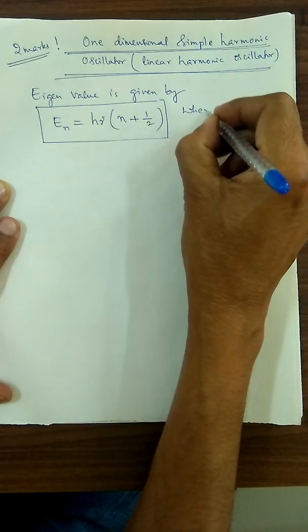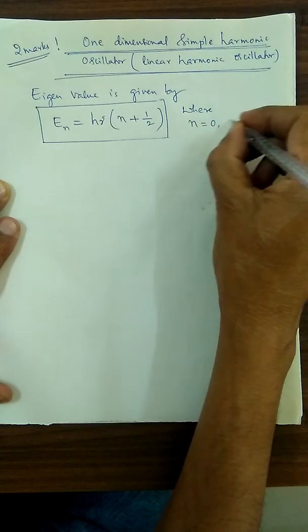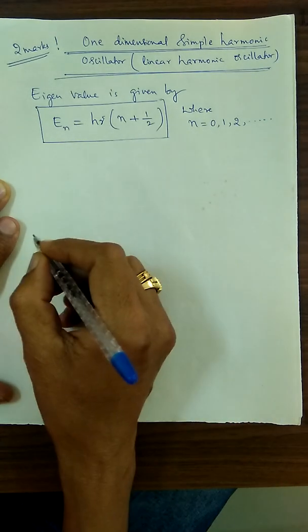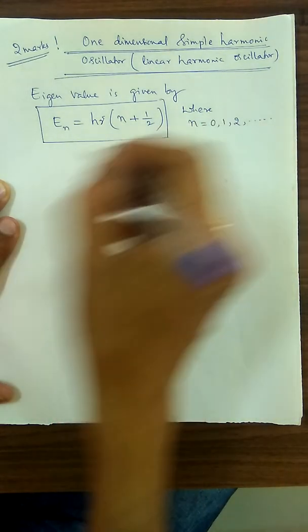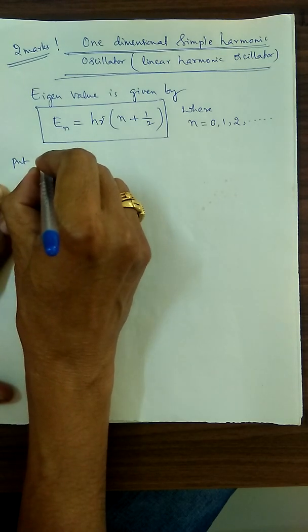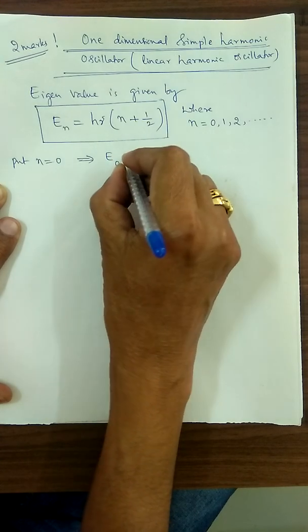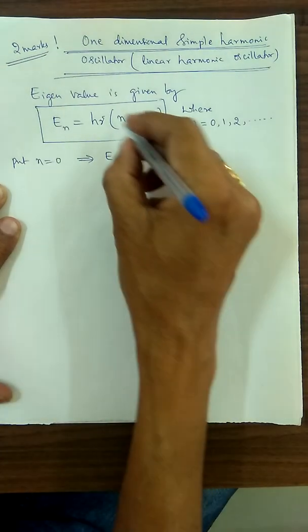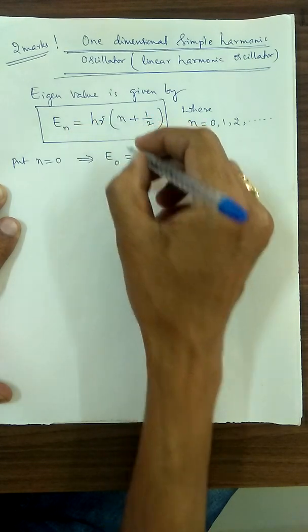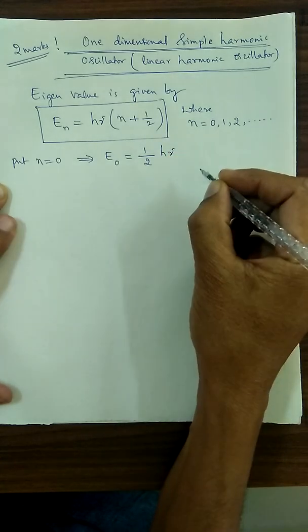Where n is an integer, of course, including 0, 1, 2, 3, etc. These are the eigenvalues. If you put n is equal to 0, you are going to have E0. E0 is equal to h nu divided by 2, that is half h nu.